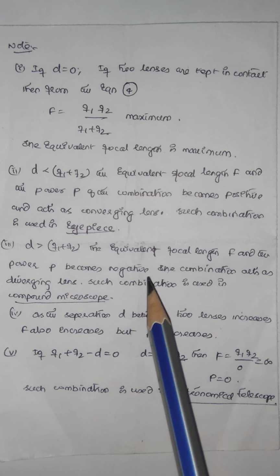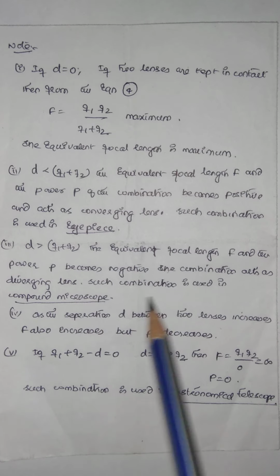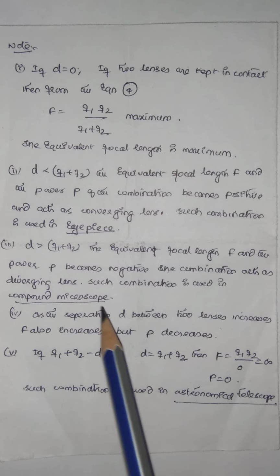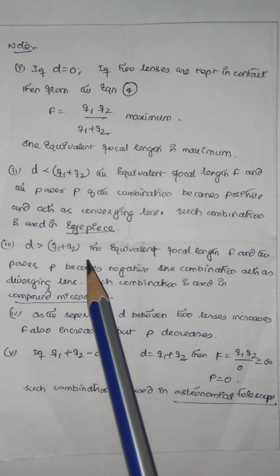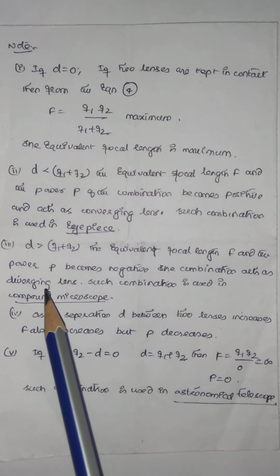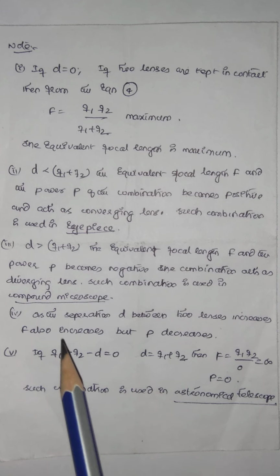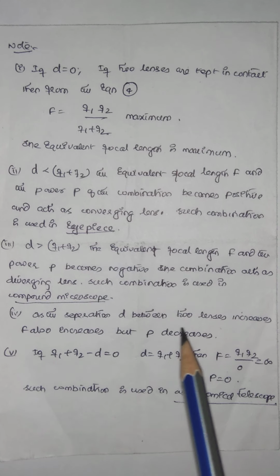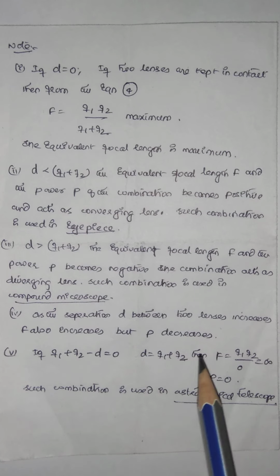When it becomes negative, the combination acts as a diverging lens. Such a combination is used in compound microscope. As the separation D between the two lenses increases, F also increases but P decreases.